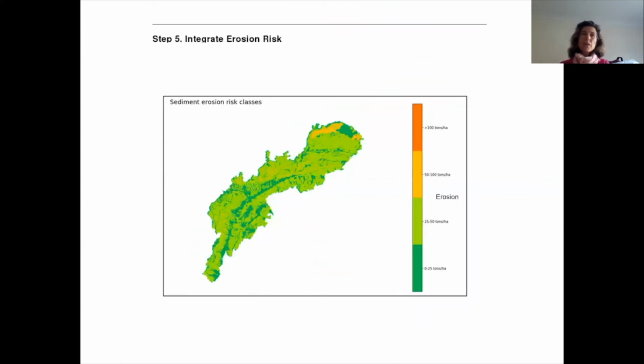I just wanted to show you the last step for more recent fires, which is to integrate the erosion risk data. The erosion risk data is based on the burned area emergency response assessments that are conducted for fires on federal lands, and we've used the same class categories that were used in the Spanish tool.